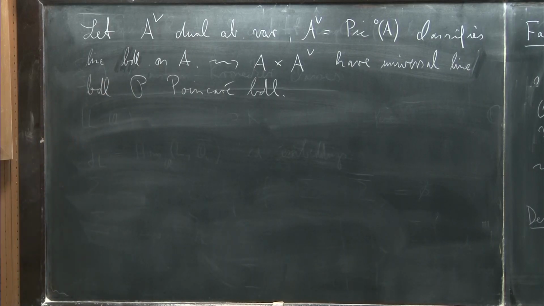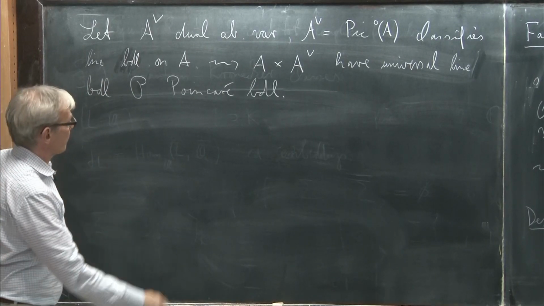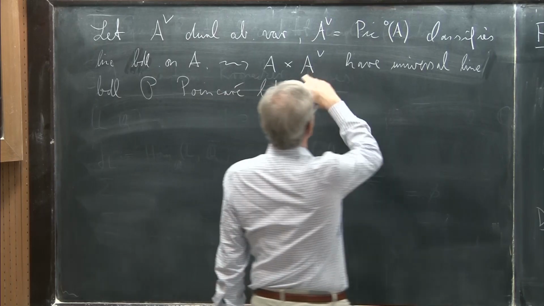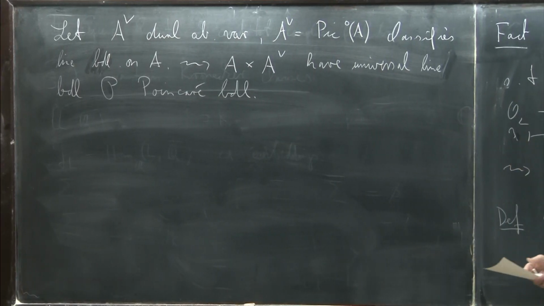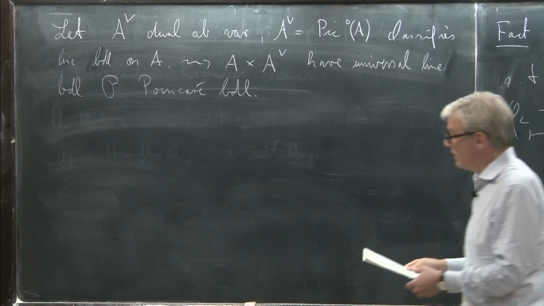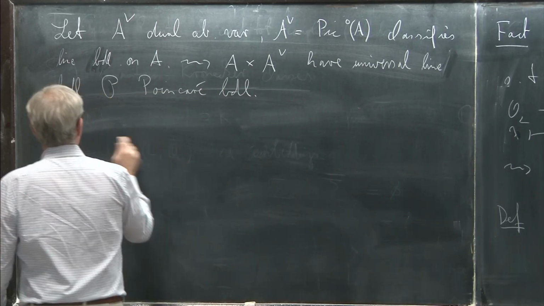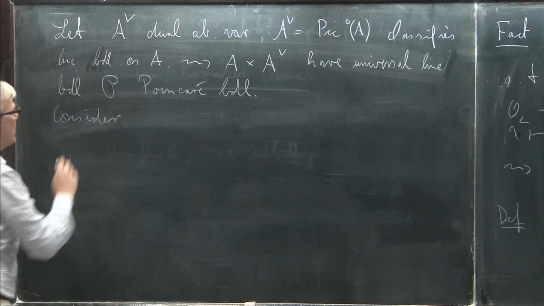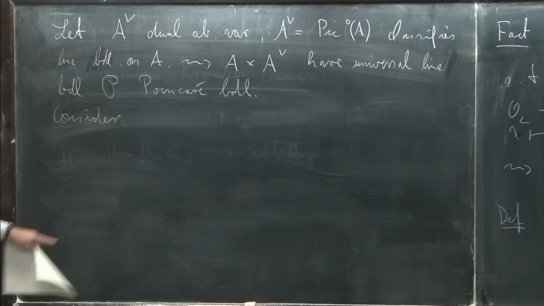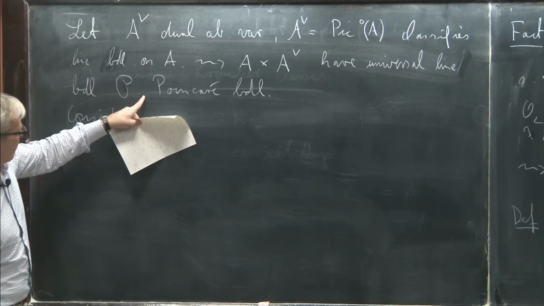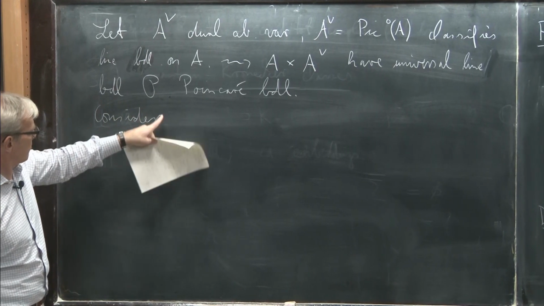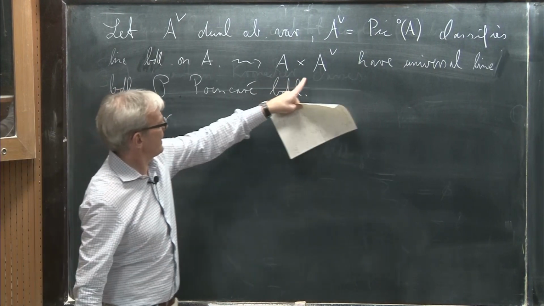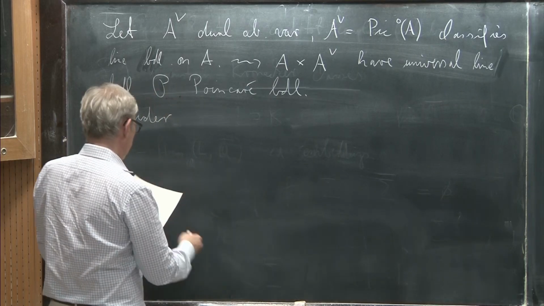So this Poincaré bundle will play now a major role here. We consider now the completion of that bundle. We make it into a formal scheme by taking the completion along A times the unit section here.